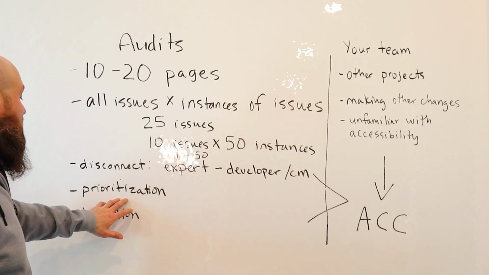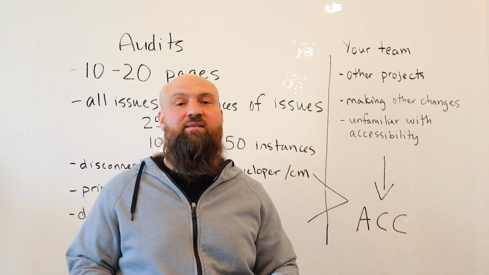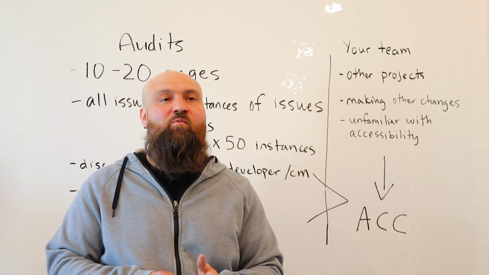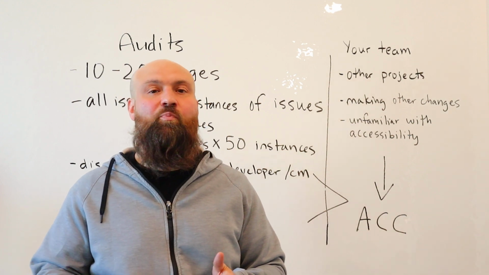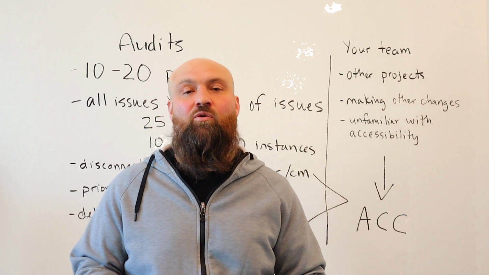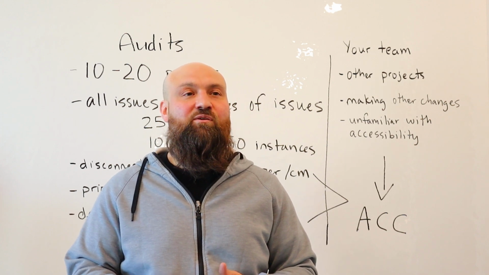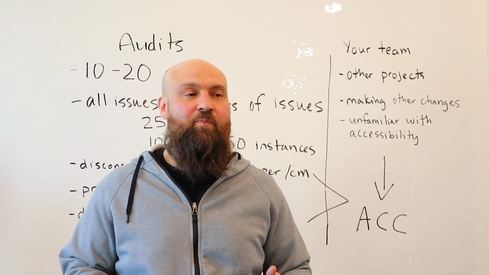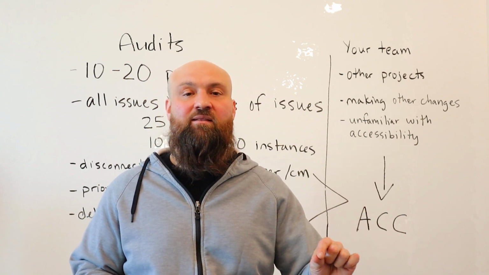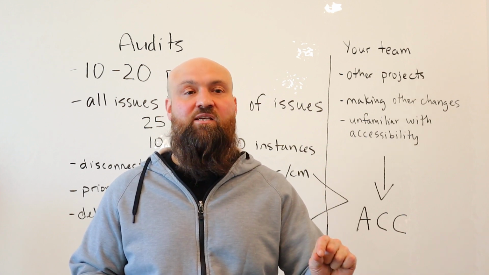Now, audits also, there may be some prioritization of issues found in the audits, but it's usually not as specific as you would like. So what typically happens is there's a grouping of severity. So let's say some issues are labeled critical, some issues are labeled urgent, some issues are labeled important, etc. But there's typically not a 1, 2, 3, here is exactly the order that you should remediate these issues.